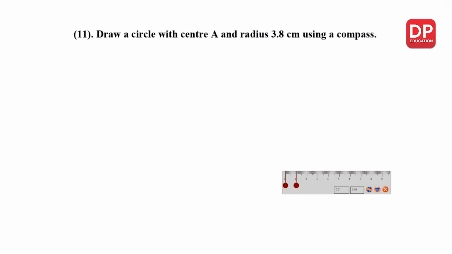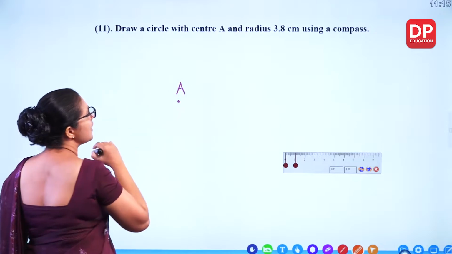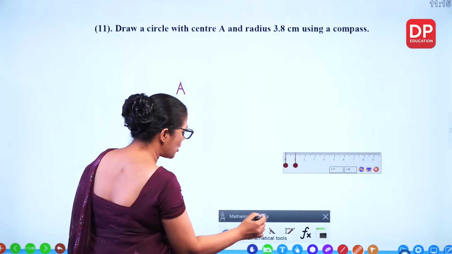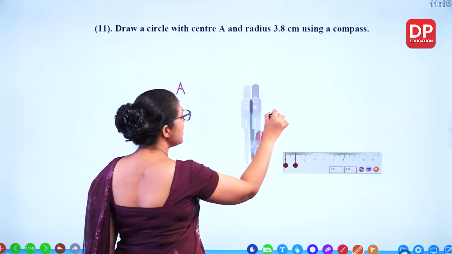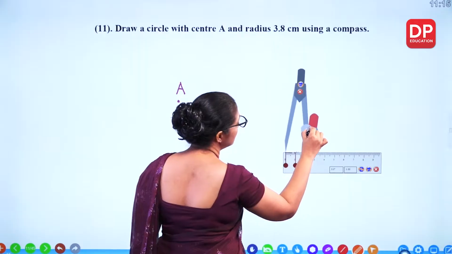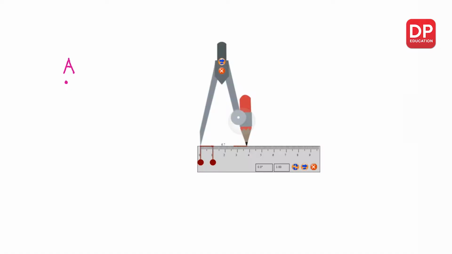Draw a circle with center A and radius 3.8 centimeters using a compass. So we can mark the point A first. That's the center. Then take the compass and measure 3.8 centimeters. 3.8 is here.